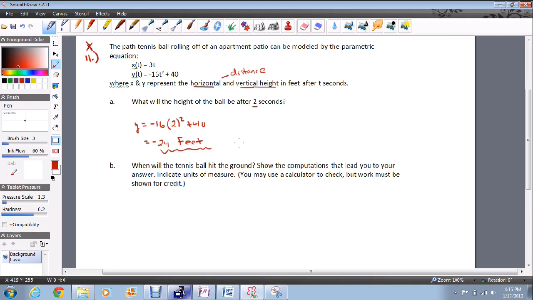So what this answer really implies is that the height after 2 seconds is 0, because we can't have a negative height.